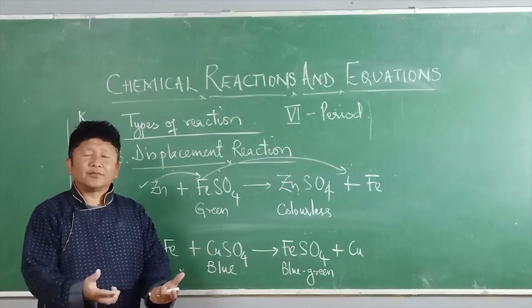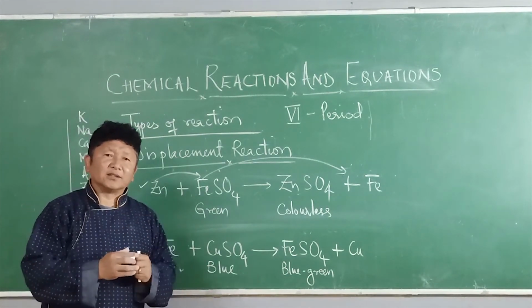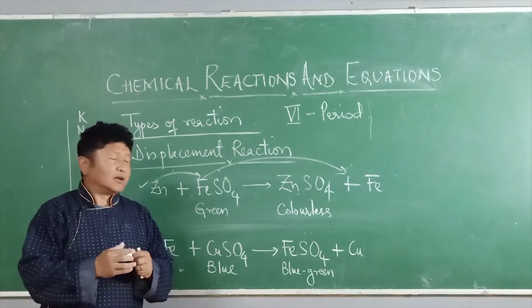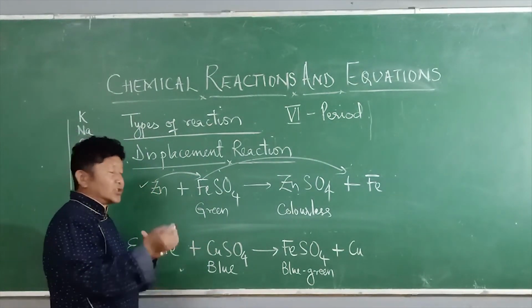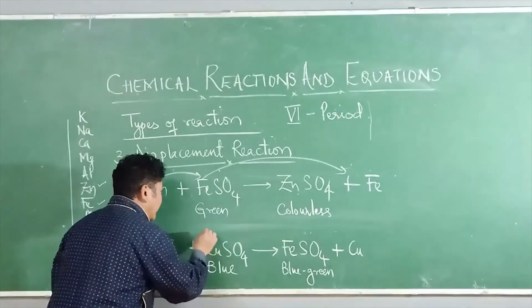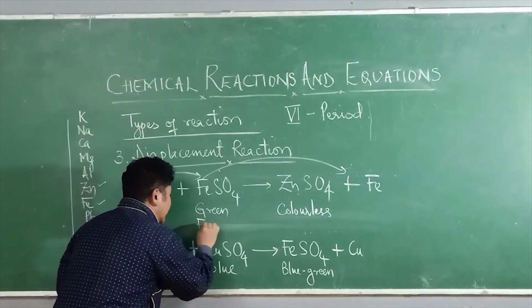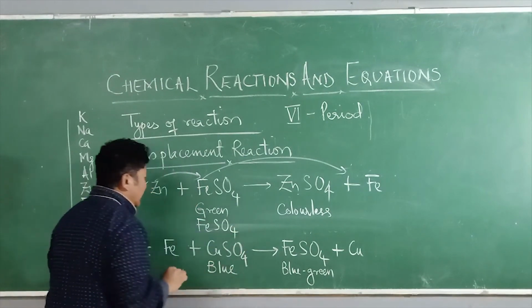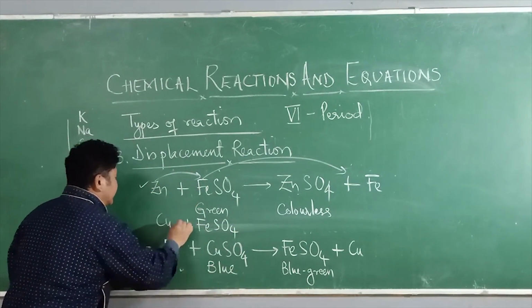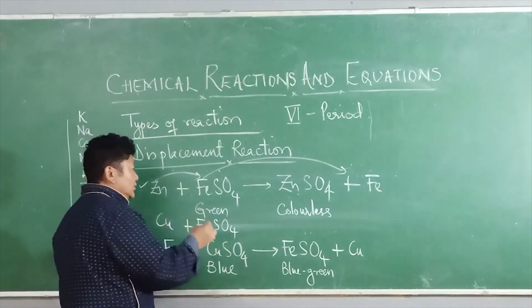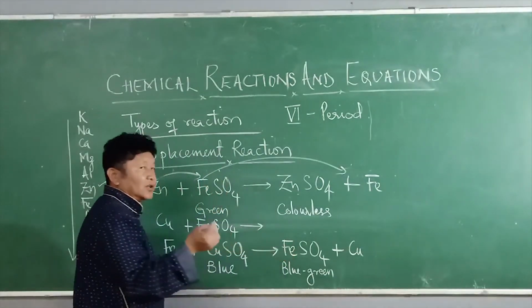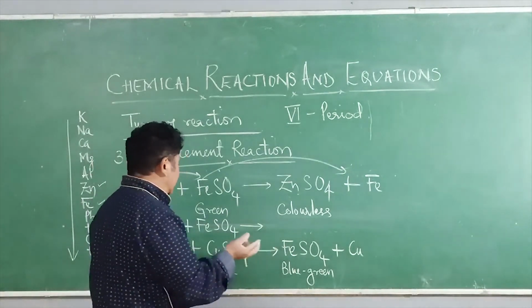What if a less reactive metal is placed in a solution of a more reactive metal's salt, say iron sulfate? What will happen? Here you can see no change, no reaction taking place.